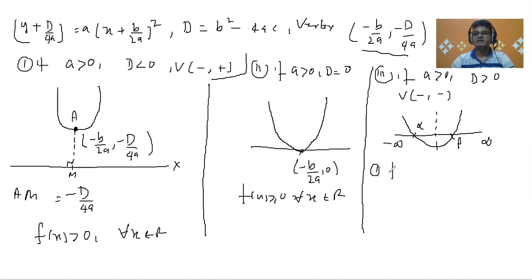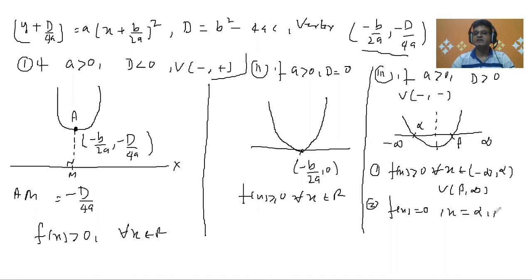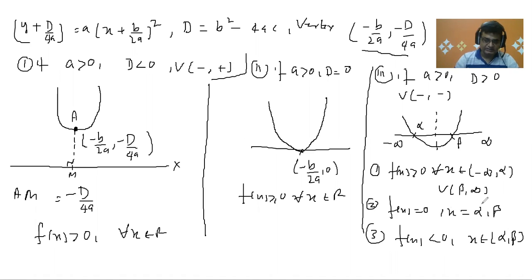So first, fx is greater than 0 for all x belonging to minus infinity to alpha union beta to infinity. Second, fx is equal to 0 when x is equal to alpha and beta. Third, fx is less than 0 when x lies between alpha and beta. So these are the variants of the roots as per the sign structure of a and d.